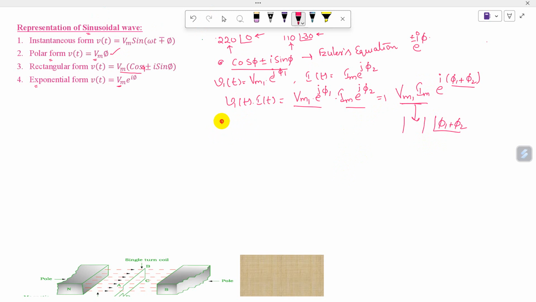Now if it is division, now what happened to division? v1 of t divided by I of t is equal to Vm1 e power j times phi 1 by Im e power j times phi 2. Now this is one ratio, that is Vm1 by Im into e power j phi 1. This power, if you take into numerator, the power will become negative, so e power minus j times phi 2.